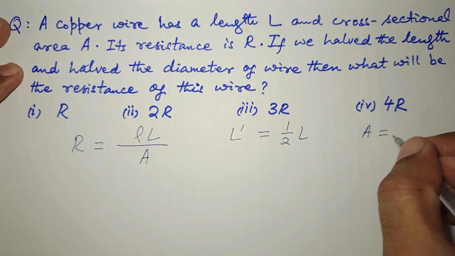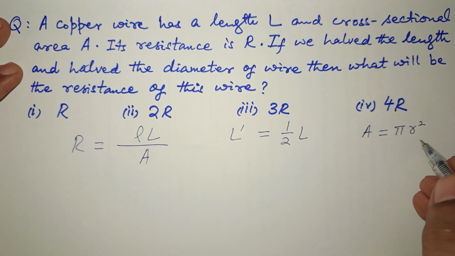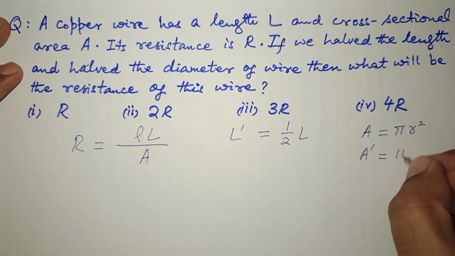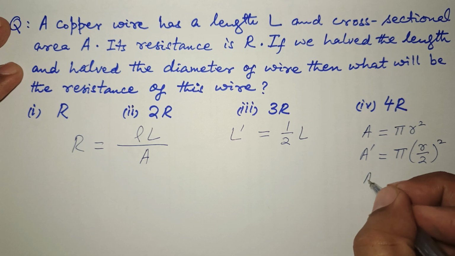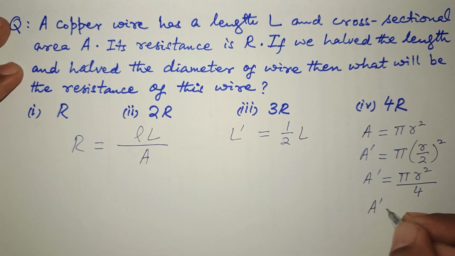Area is given as pi r square and radius is half of the diameter, so when the diameter is halved, the radius will be halved. So A prime will be pi (r by 2) whole square, which becomes pi r square by 4. So A prime is equal to 1 over 4 A.